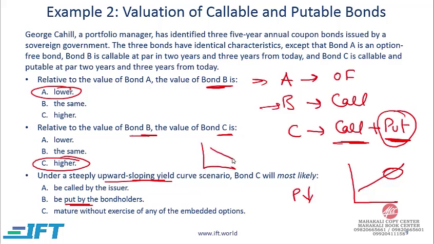In that case, obviously the call option is more likely to be exercised, because if interest rates do indeed come down in the future, the bond price will go up, and it will be sensible for the bond issuer to call the bond back at a price lower than the market price of a comparable straight bond.